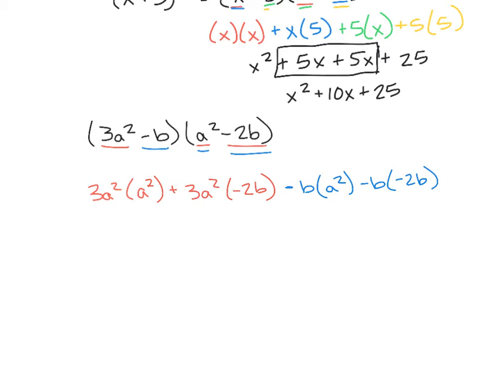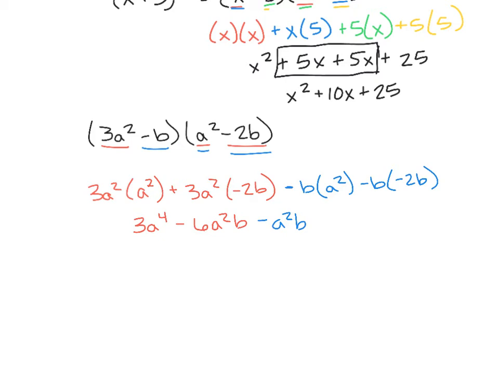So when we go through and we multiply each individual term, we get 3, and when we combine our base, we get 4, plus, well, that's going to be a negative, so we don't need to write a negative. Negative 3 times 2 is 6, a squared b, because there's no basis to combine, minus a squared b.